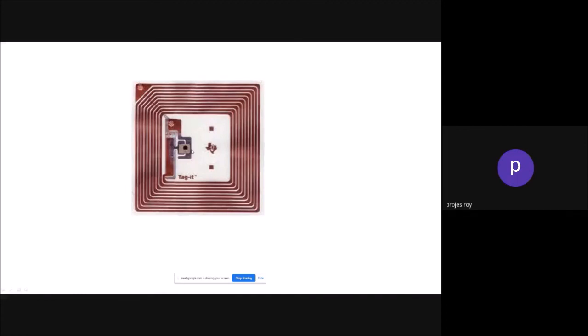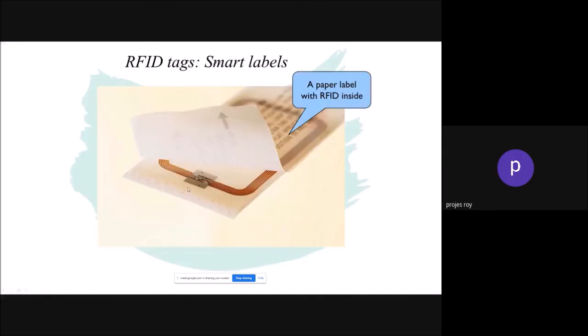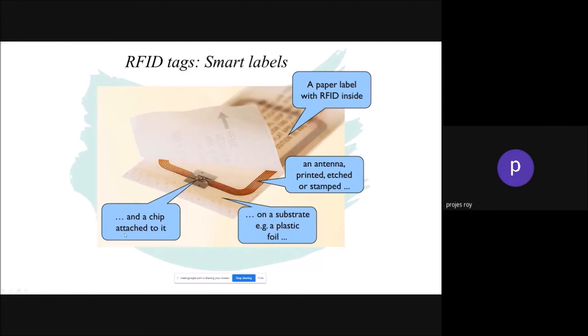This is all along a paper label RFID. Inside, this is the antenna, and the chip is attached to it, on a substrate that is plastic foil. So both together we paste on that.